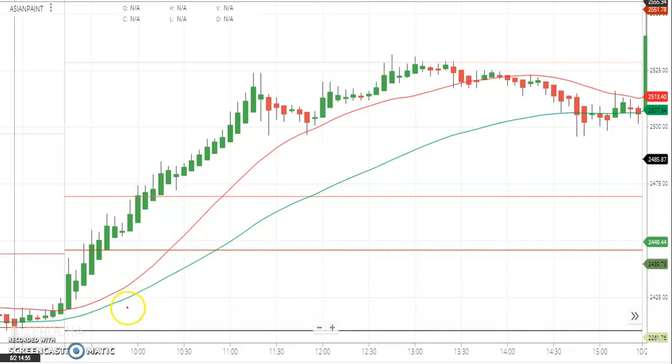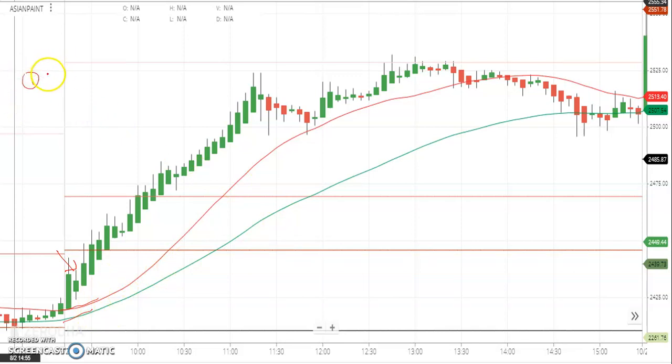Ignore the previous day trend, focus only on the current day trend. In the current day, as you can see, the 20 simple moving average and 50 simple moving average are going together. The candles are above the moving averages. That is the most important thing.